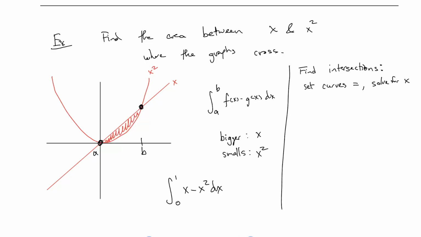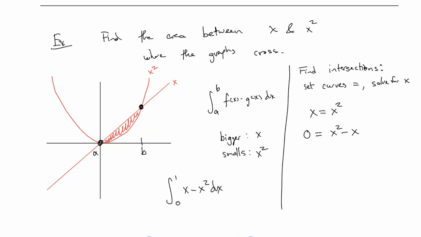So in this example, I would say x equals x squared and then solve that for x. This is a little weird, but this is a polynomial. The best way to solve this for x would be to set everything equal to 0. I would say 0 equals x squared minus x, and then factor.